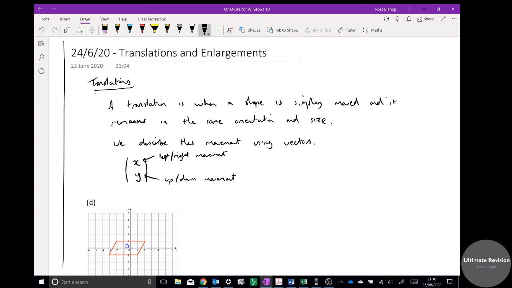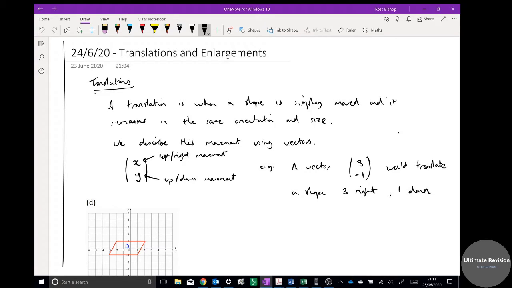For example, a vector 3, minus 1 would translate a shape 3 to the right because it's positive and 1 down because it's negative.